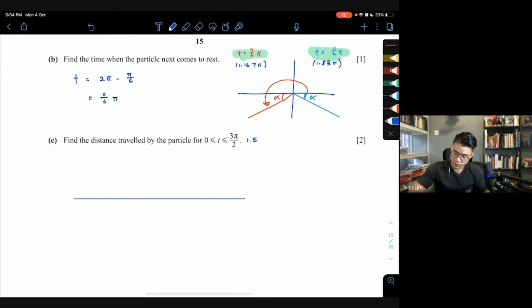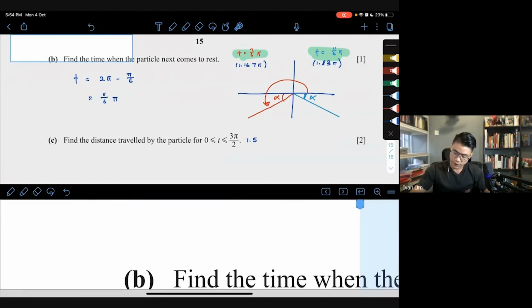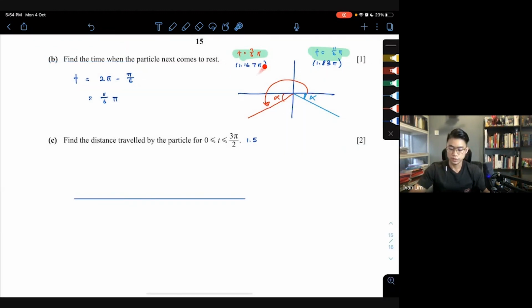So you all see only the first part is within the range of values that it stopped. So only one time it U-turns, it stopped and then U-turned.